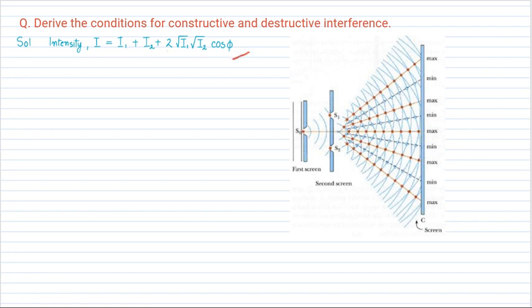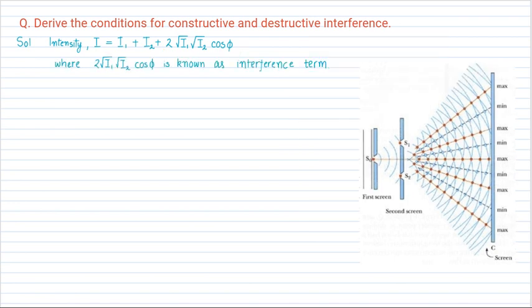Your third term, 2 root I1 root I2 cos phi, is known as your interference term. If this term is maximum, then we will have constructive interference. If this interference term is minimum, then we will have destructive interference.